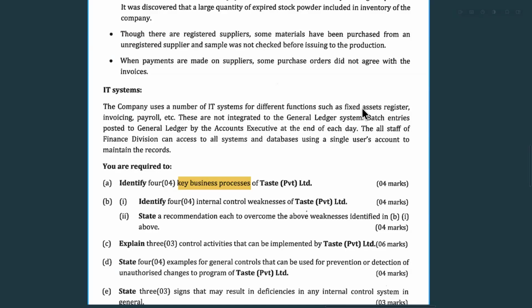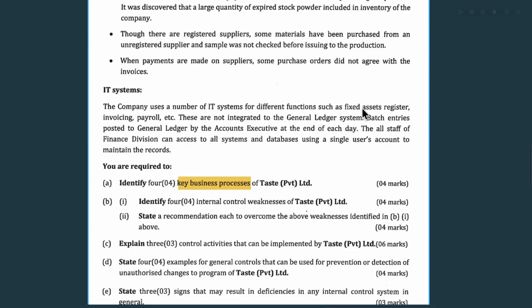Manually they are doing it sometimes. As well as when we are doing invoicing, it's not integrated to the general ledger, so automatically we are not passing all the invoices. So manually they are entering, maybe. As well as when we are running the payroll, it is also not integrated to the general ledger. Because if it is integrated, automatically it will go to the salary account, actual salary, actual EPF expenses, how much the ETF expenses, how much net pay we did, but it is not integrated to the general ledger system.